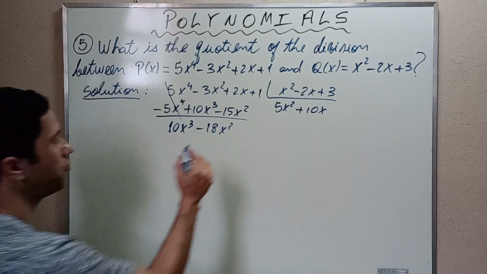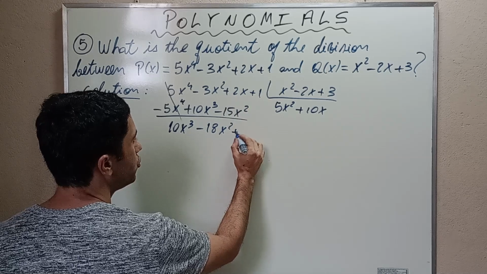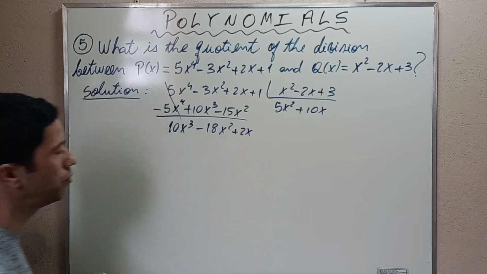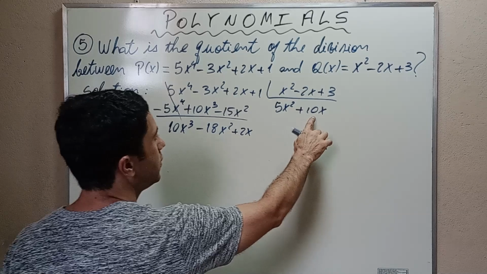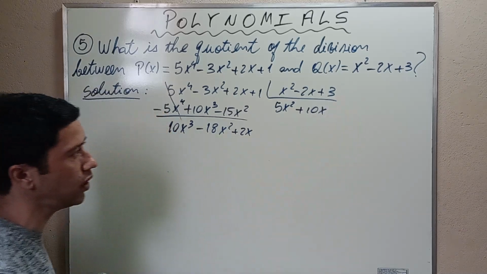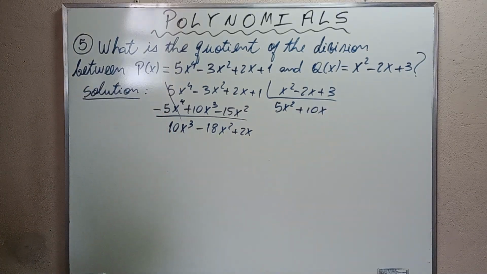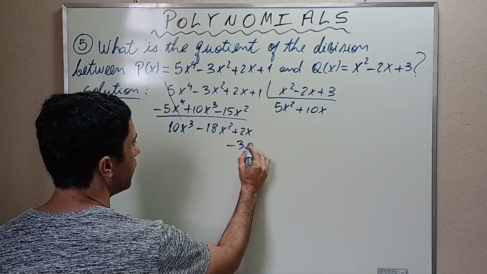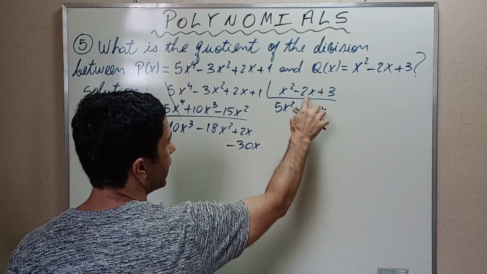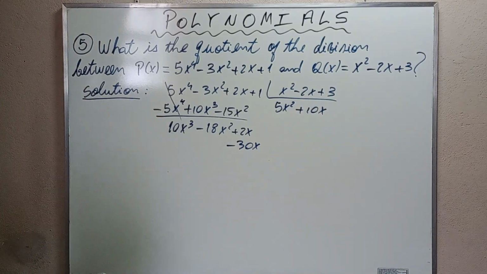I pass this positive 2x below here to help our division. 10x times 3 is 30x. Pass to the other side, negative 30x. 10x times negative 2x is negative 20x squared.